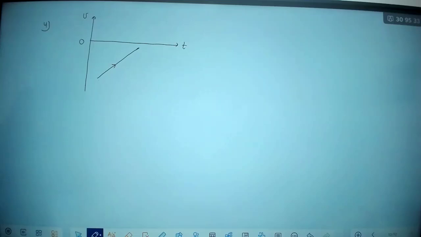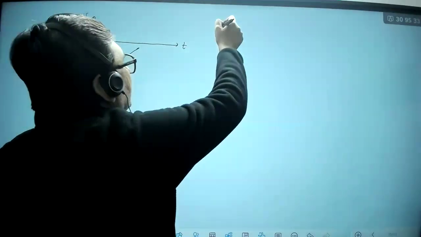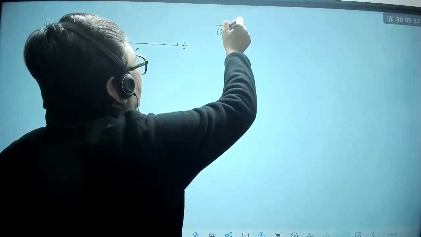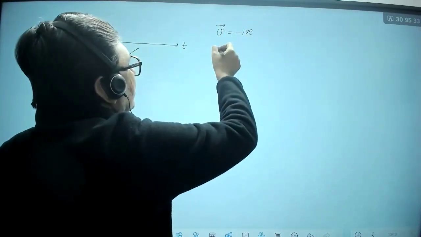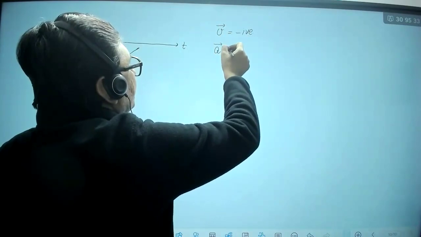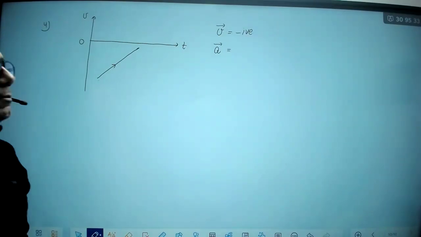Please tell me, velocity is positive or negative? This is negative. Very good, beta. V is negative. What is acceleration? What type of slope is it having?